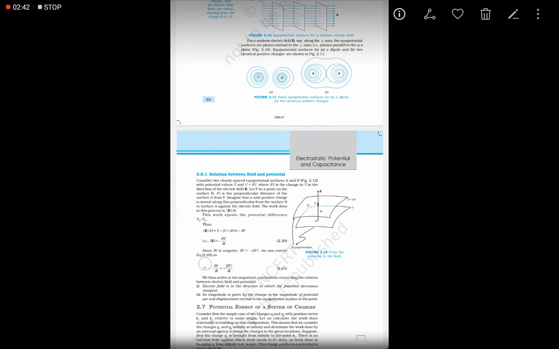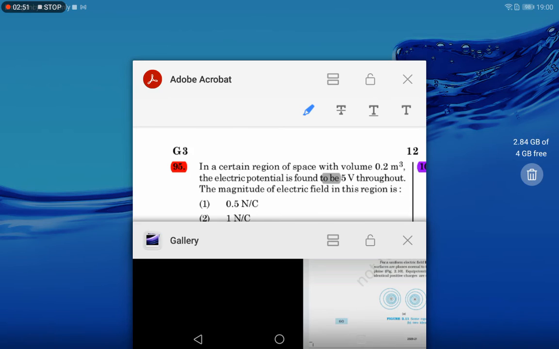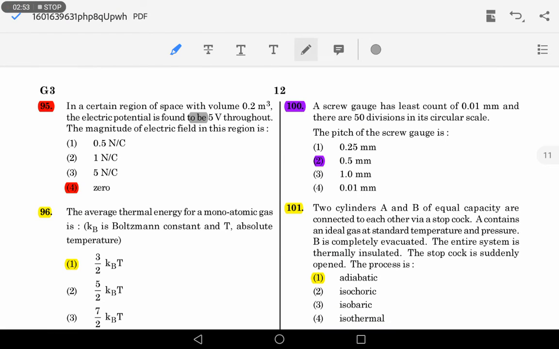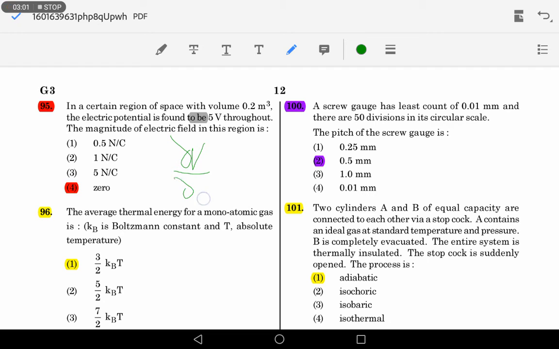The magnitude of electric field is equal to dou V by dou L. We usually represent it as dou V by dou L, where dou is represented like a curly d, not exactly d. Here dou stands for partial differentiation, where d stands for complete differentiation, that is whole differentiation.